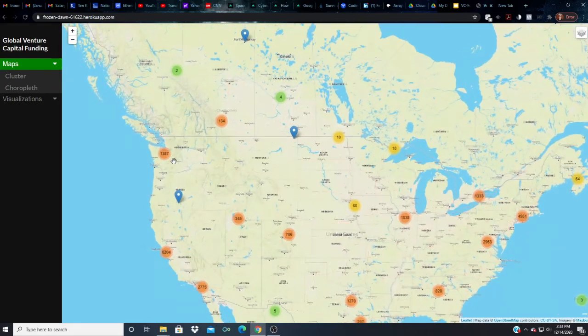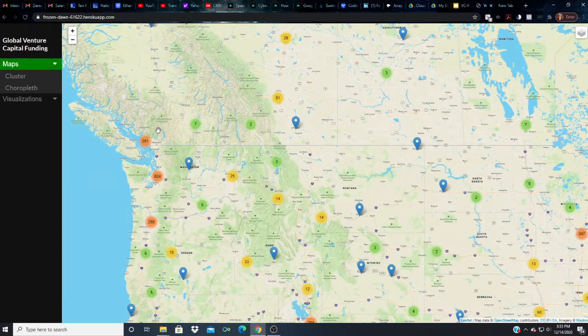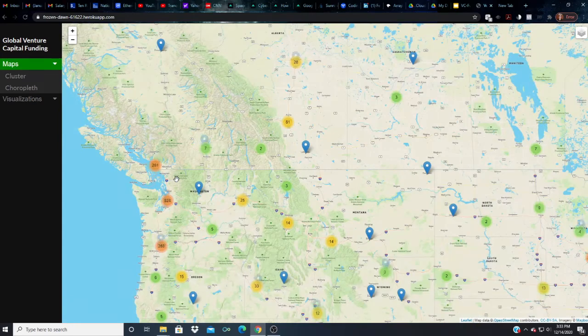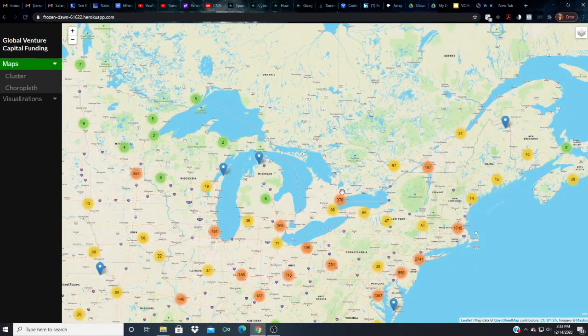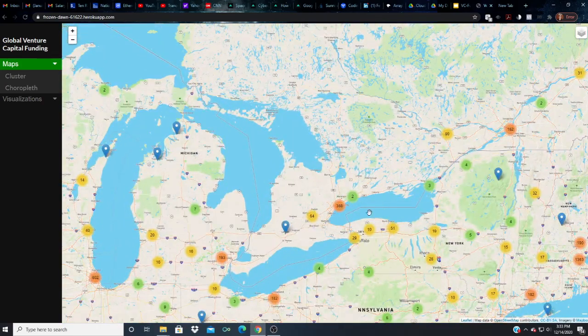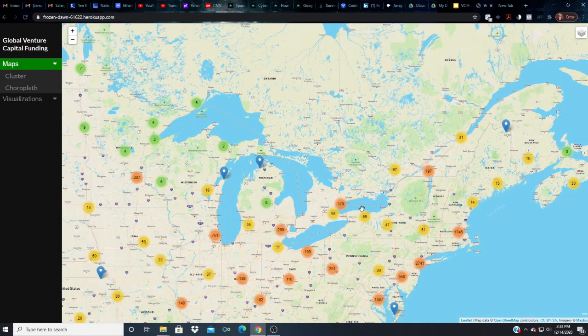What I found out for this particular example is that if you zoom into the border, you can see there are all these Canadian cities across the border, and right across the border they have concentrations of startups.